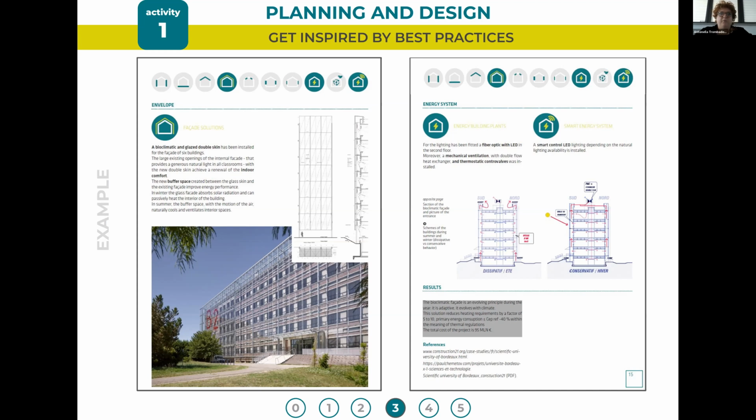So the envelope, the vertical wall, the opaque wall, as well as the transparent, so the windows, the ground floor, the roof, the elements related to the daylighting or to the comfort inside.